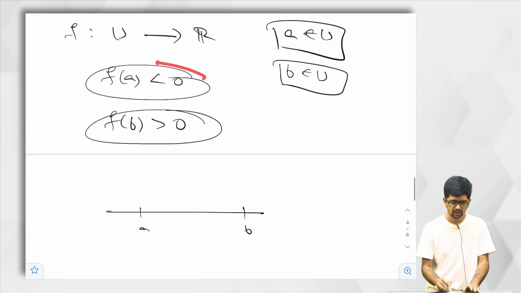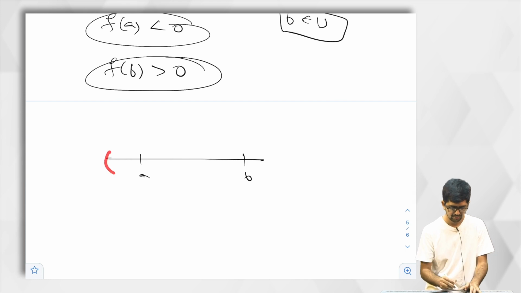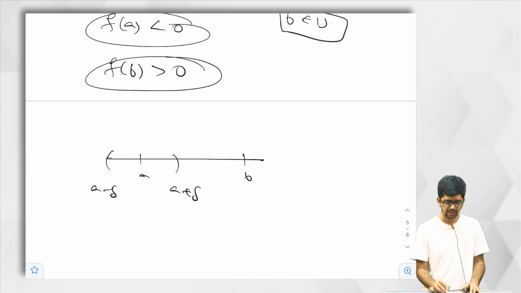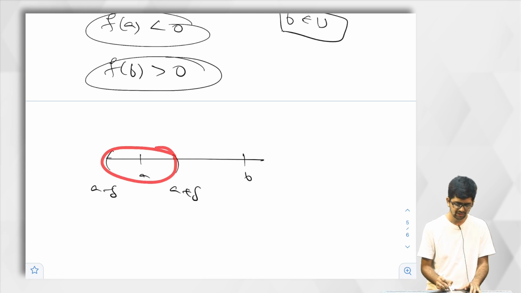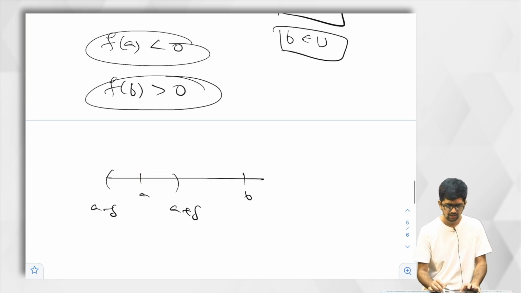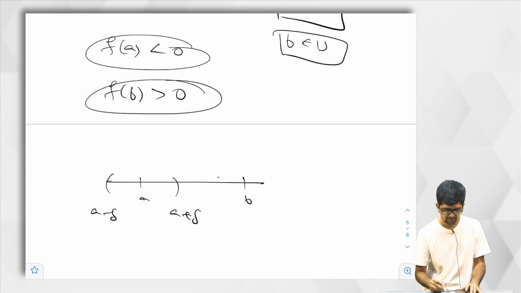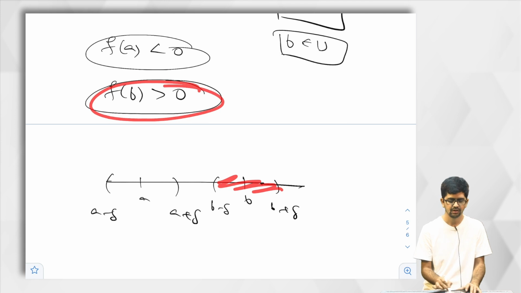Now this condition says the following: there exists a delta such that on the interval (a minus delta, a plus delta), f restricted to this interval is negative. For every y here, f of y is negative. Again, f of b is positive. So there exists a delta such that on the interval (b minus delta, b plus delta), f is positive.